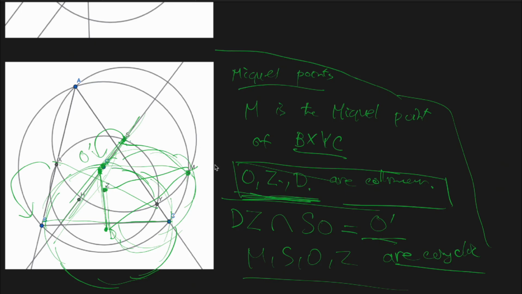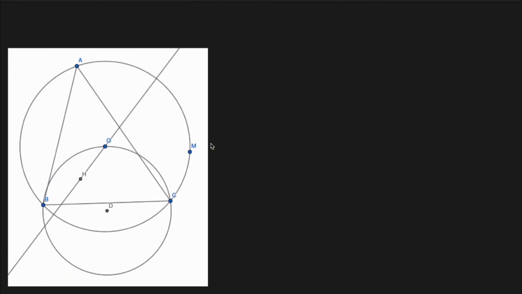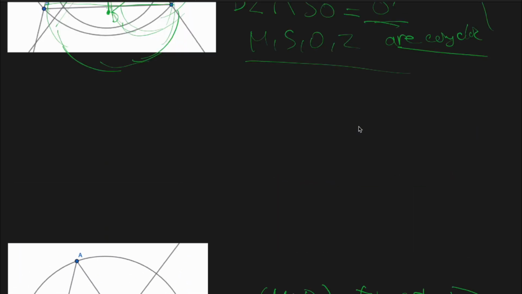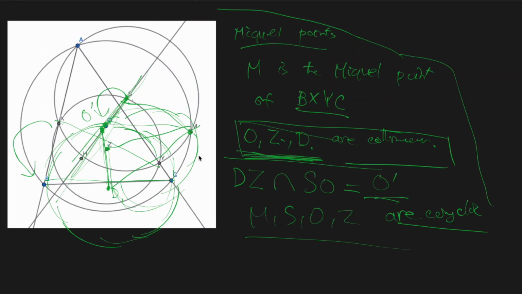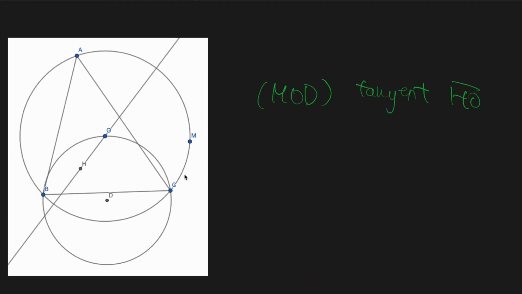We can phrase that in a nicer way. We want to prove that the circle MOD is tangent to the Euler line, which I'm going to call HO right now. So our original condition is equivalent to proving this tangency, which is quite nice.